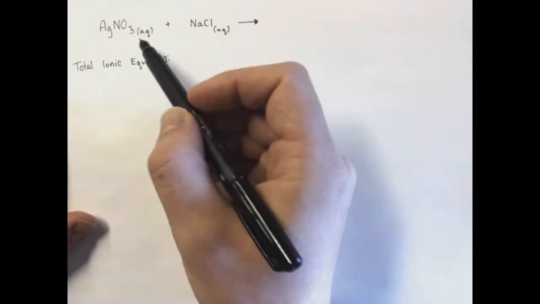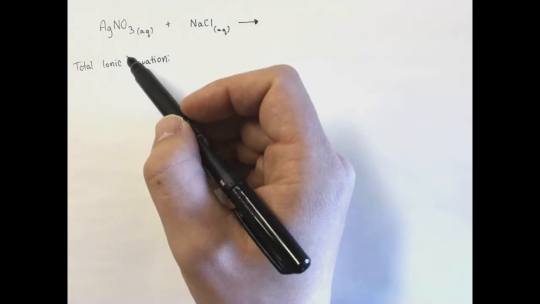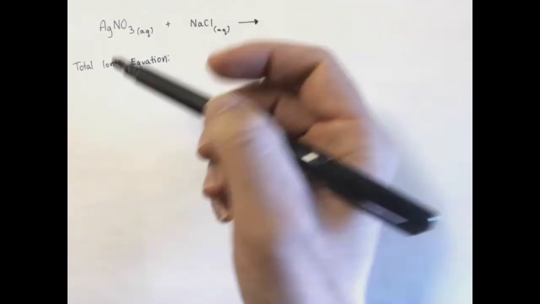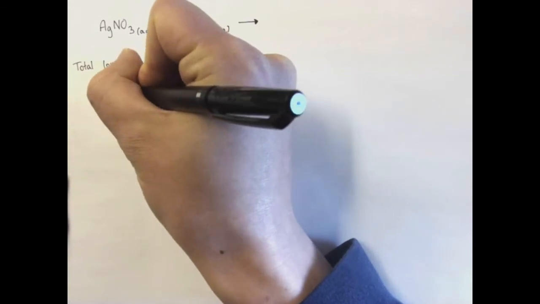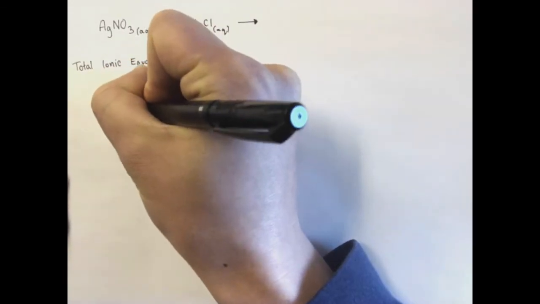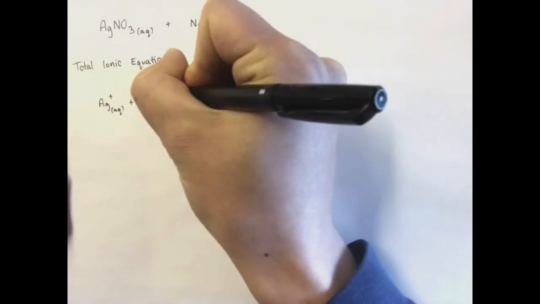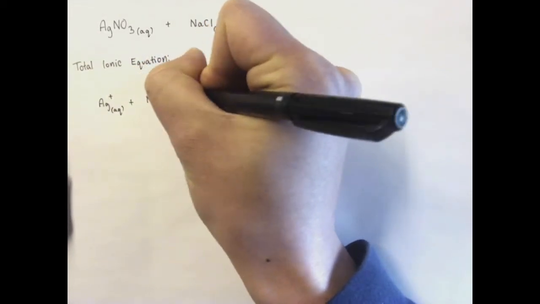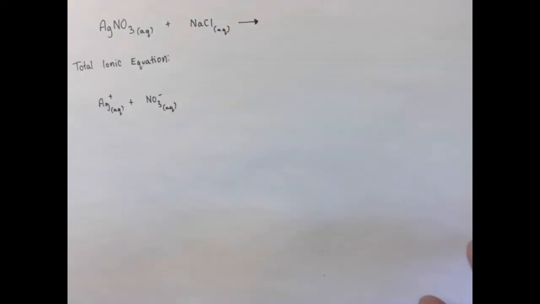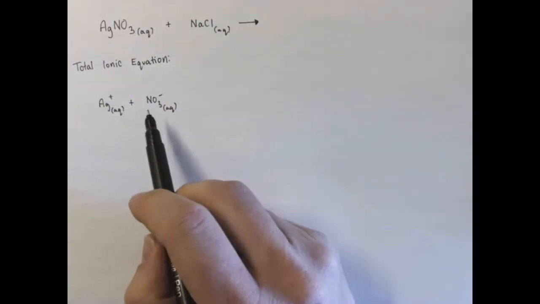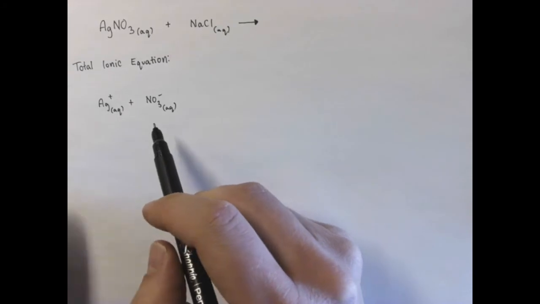So what I'm going to do here is I'm just going to write silver nitrate as its dissociated ions. So Arrhenius said that ionic compounds will dissociate to form ions in solution. So silver nitrate in solution is actually just a collection of silver ions and nitrate ions.